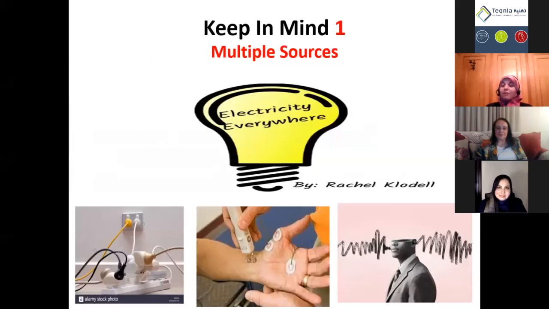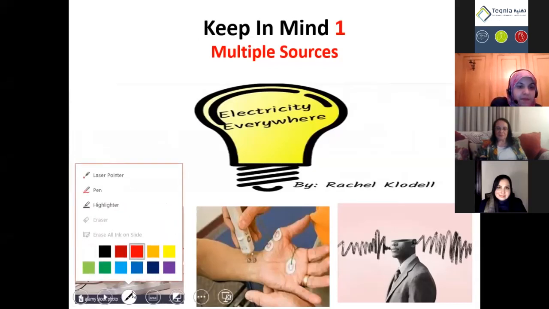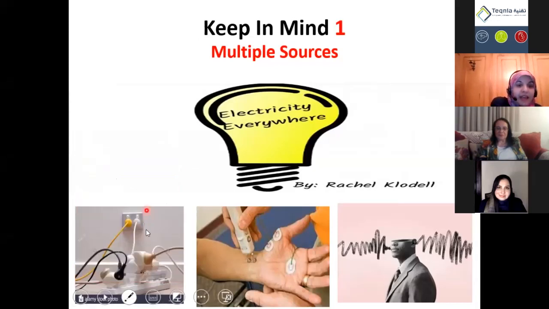I want you to keep in mind first that you are recording electricity, and the electricity is everywhere. You can record electricity from the electric power sources here, or you can give the patient electricity. You are giving stimuli, and the patient has several electric sources rather than the one that you collect.